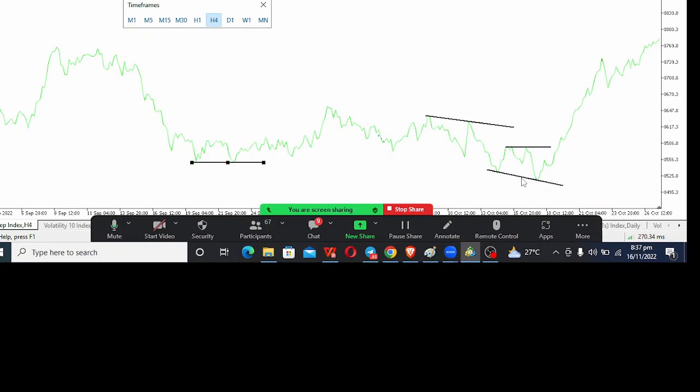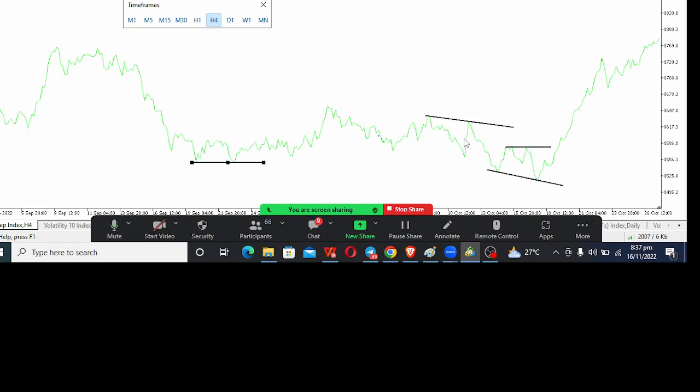Just as I gave the reason why you can use the line chart, it is because the line shows only the closing prices, whilst candlestick shows the closing, the highs, and the lows.